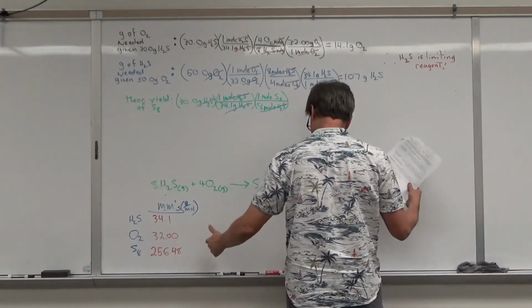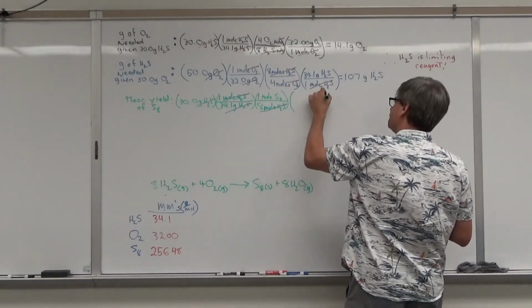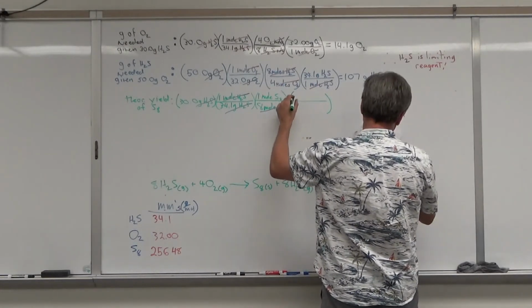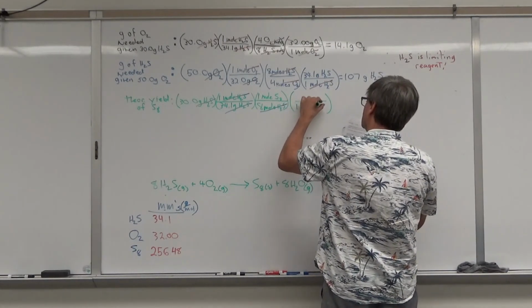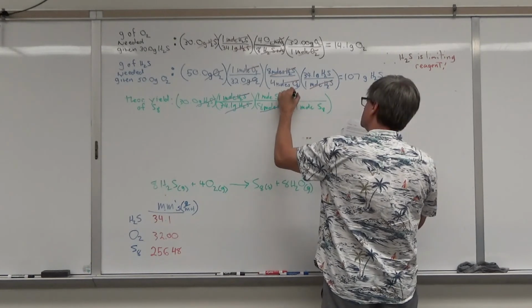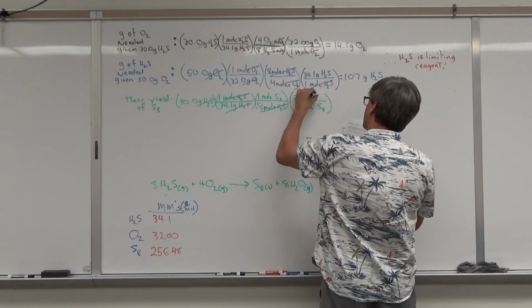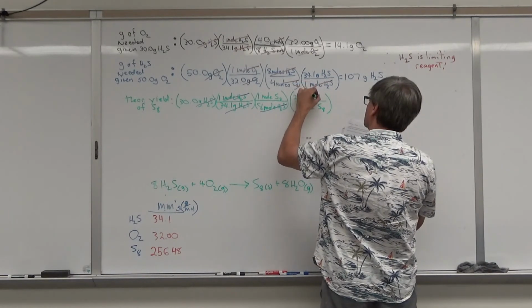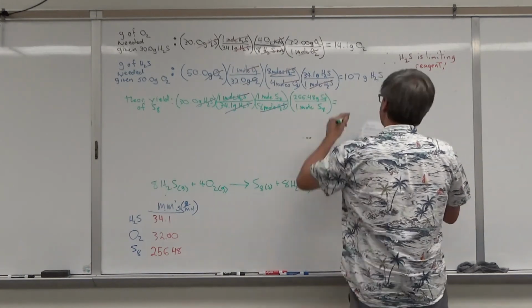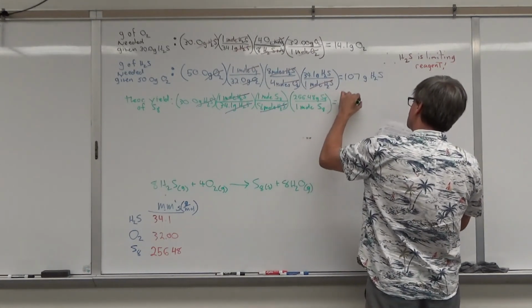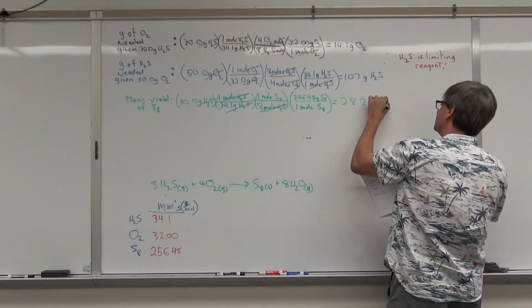Simply using the molar mass of sulfur will get you the theoretical yield in grams. 1 mole of sulfur is 256.48 grams of sulfur. So 28.2 grams of sulfur is your theoretical yield.